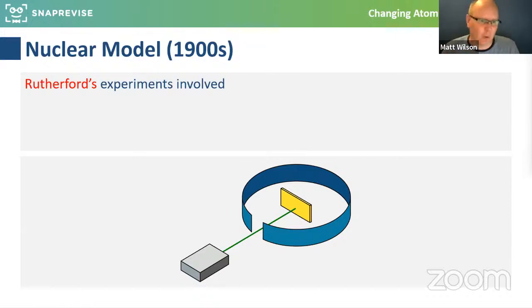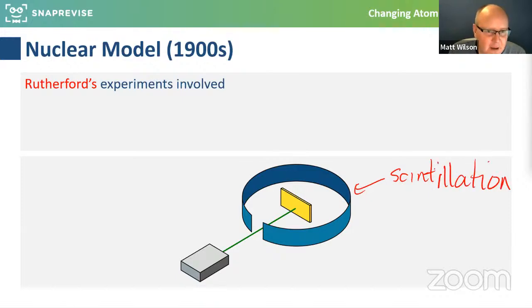And all around the gold, you can see in the picture I'm showing you at the moment, was something called a scintillation screen. You're not going to be asked to repeat this in an exam. It scintillates where particles hit it. In other words, it produced a little flash of light.